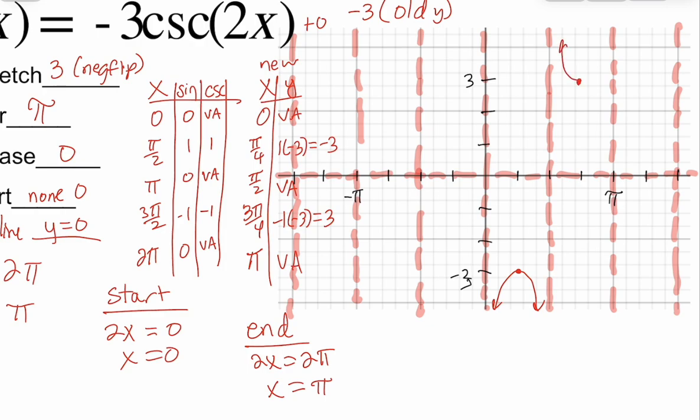That one is going up. And now that we know the pattern, this one has to be down. This one has to be up. This one has to be down. This one has to be up.